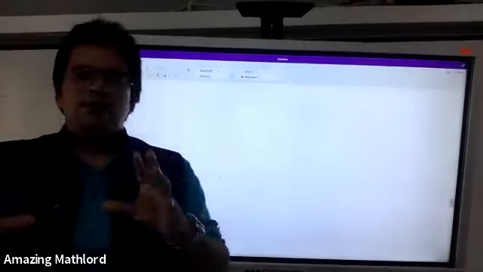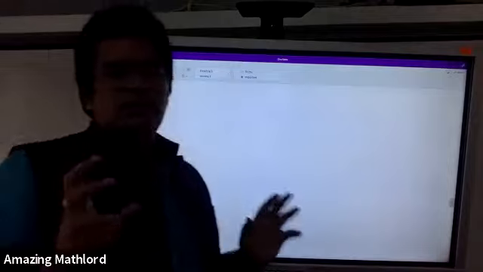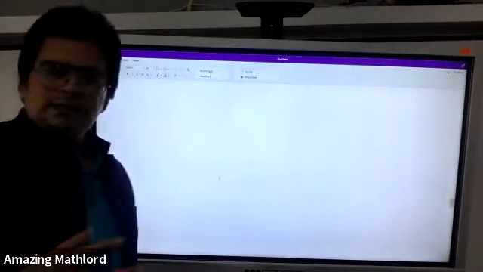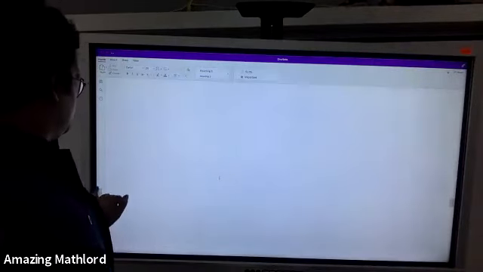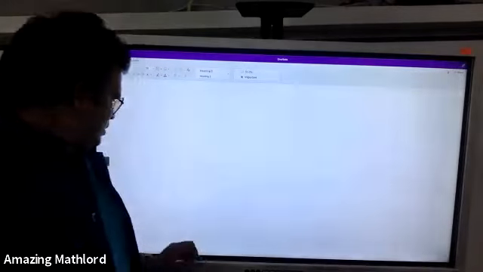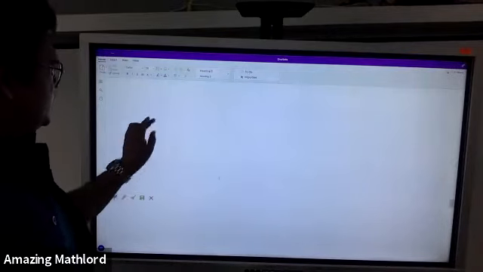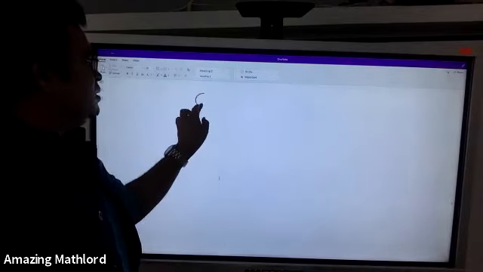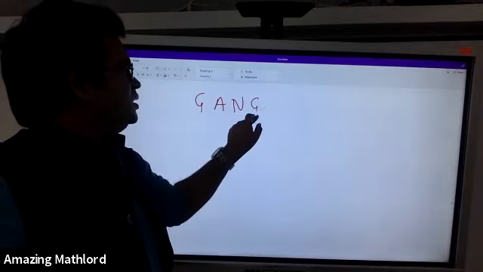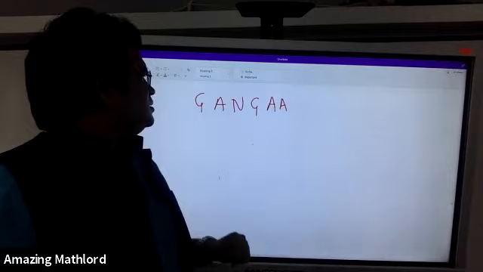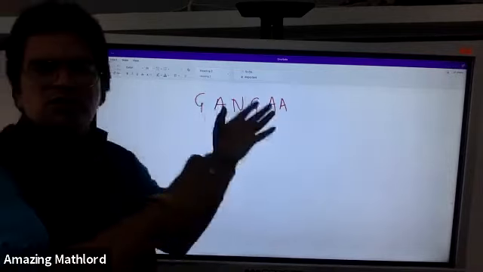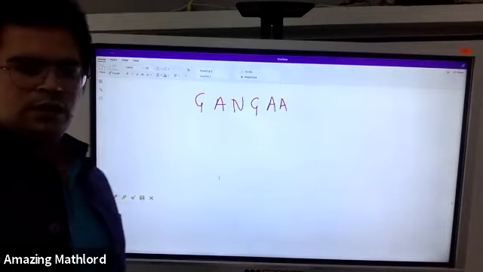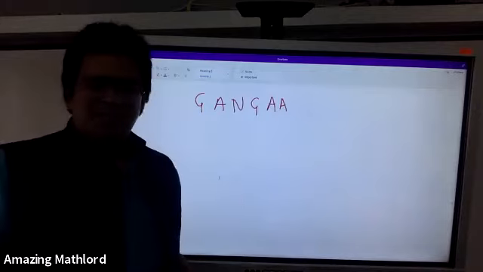Now this is the final example on the type of key concept that is required for our syllabus. When you're talking about arrangements, for example, I have 2 exact same letters that I'm placing, or let's consider some name, like G-A-N-G-A-A, Ganga. You're shuffling the letters and creating different arrangements from these 6 letters.